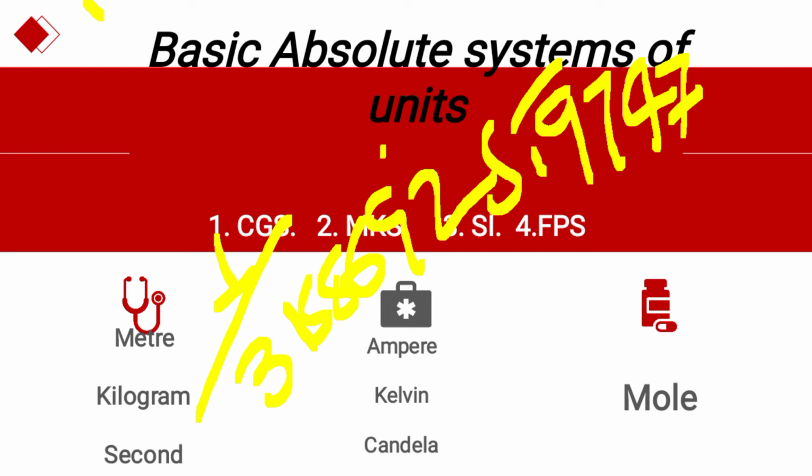So now the standard of time is based upon the atomic clock.